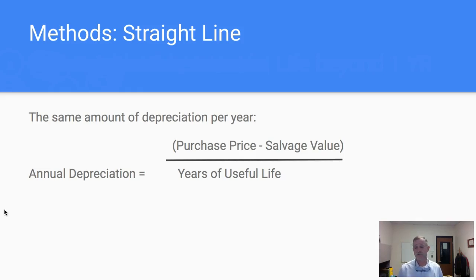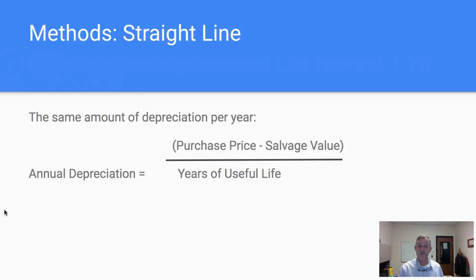It's easy to perform, and it's called the straight line depreciation method. It's really easy to calculate. Of course, you could have a spreadsheet set up that does the calculation for you. With the straight line method, every single year it's the same. So year 1, 2, 3, 4, 5, or if it's a 15-year asset, every year it's the same. There's no complication to it at all.